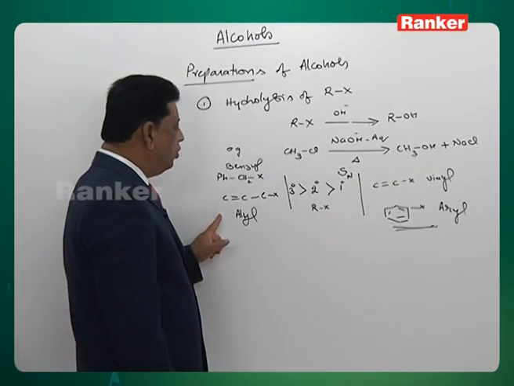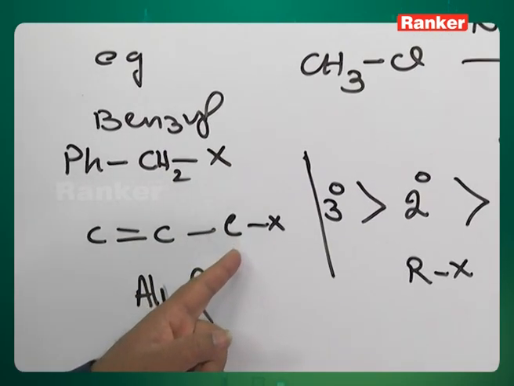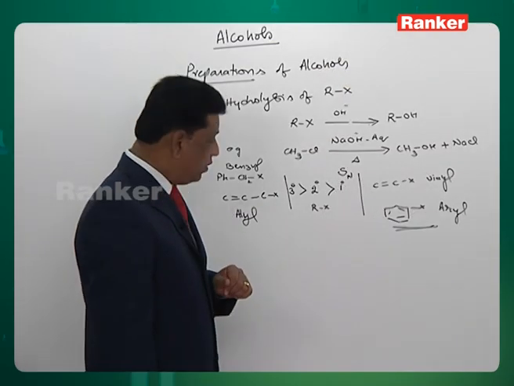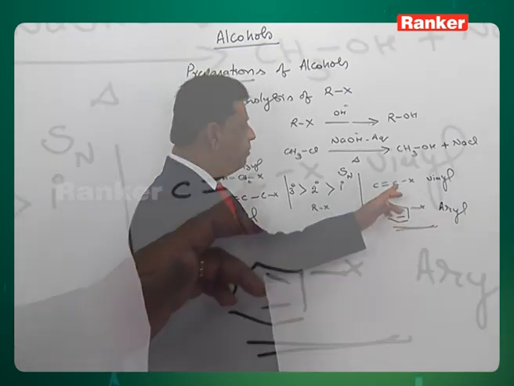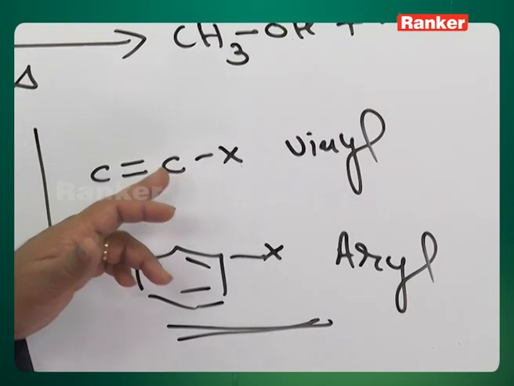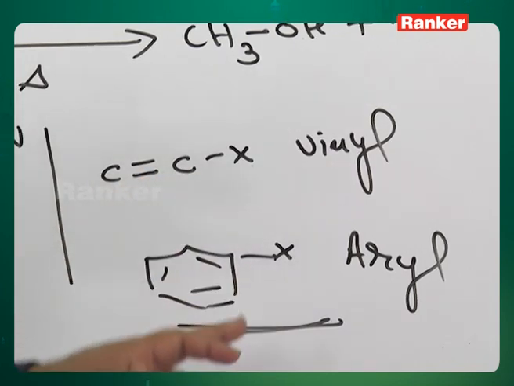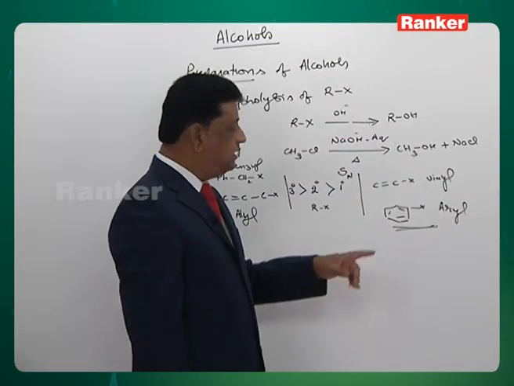Benzyl and allyl go through SN1 very readily because their carbocations are resonance stabilized. That's why the benzyl halides undergo very fast hydrolysis. And vinyl and aryl have a common property, less reactivity, because a nucleophile attacking the unsaturated carbon, which is electron rich, is tough. There will be resonance stability for these compounds, so reactivity is less.